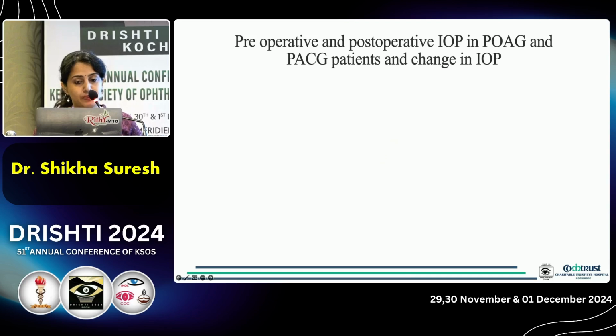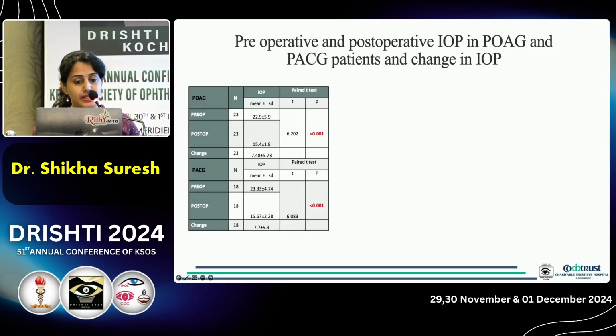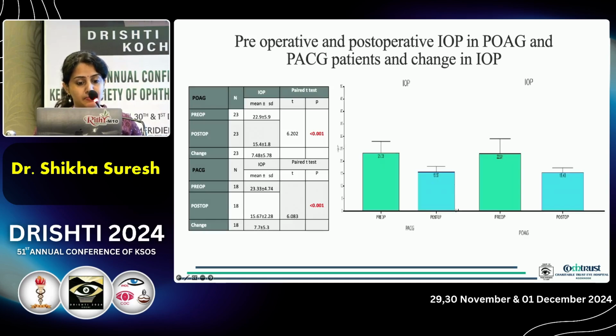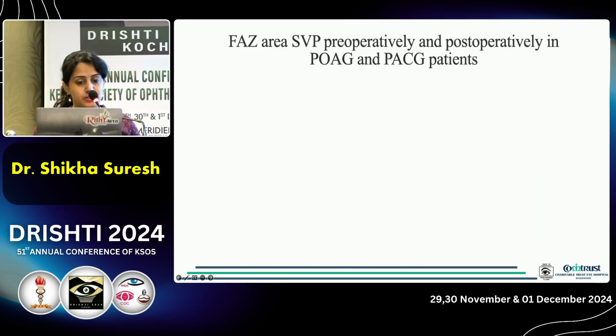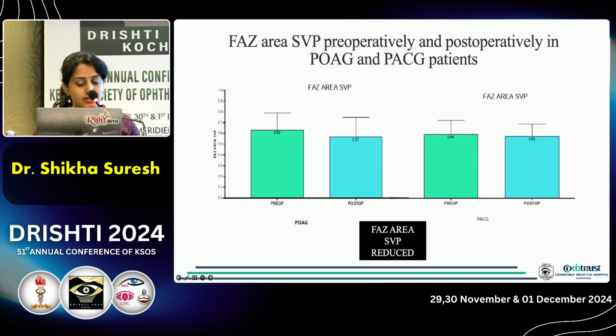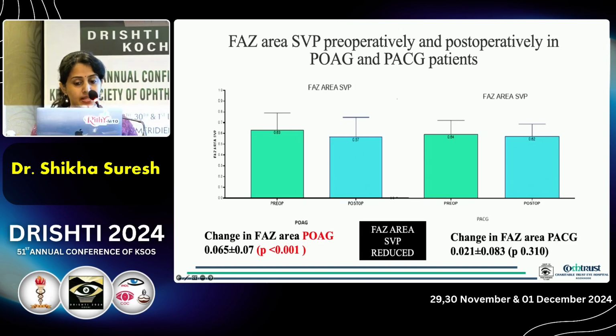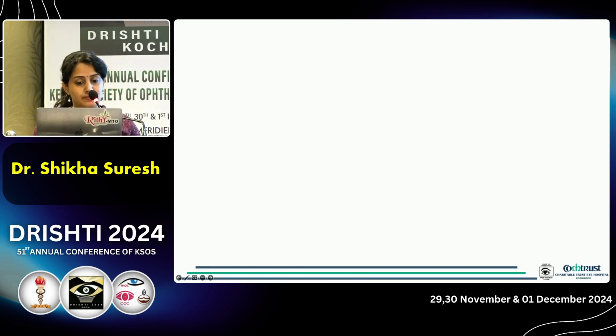Preoperative and postoperative IOP in POAG and PACG patients and change in IOP: we can see in both POAG and PACG patients, there was a reduction in IOP, with the change in IOP statistically significant in both the groups. In FAZ area in superficial vascular plexus preoperatively and postoperatively, there was a reduction in FAZ area in the superficial vascular plexus, but the change in FAZ area in the POAG group was statistically significant when compared to the PACG group.